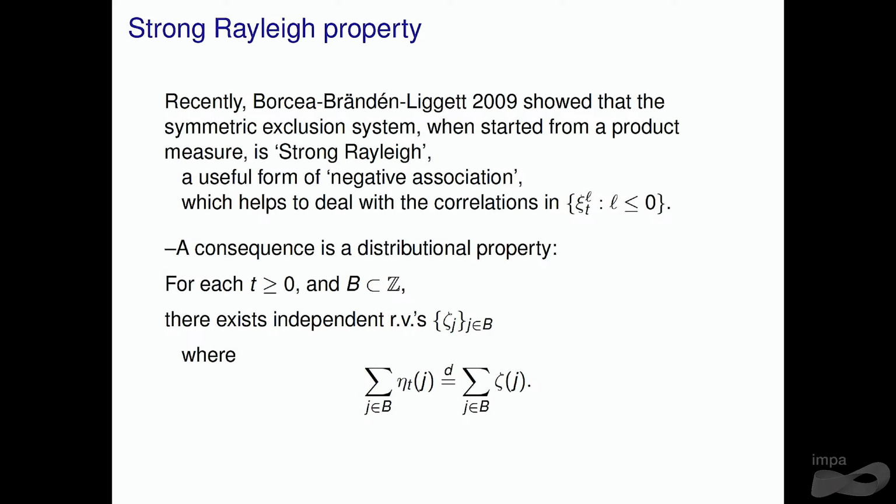I should say we don't know the means of those Bernoullis. We just know that the sum has the same distribution. So I don't know the distribution exactly of the ζ_j.